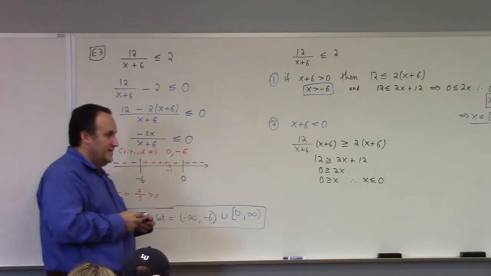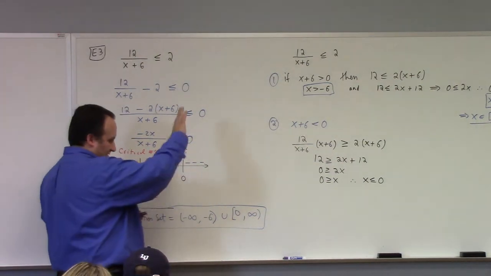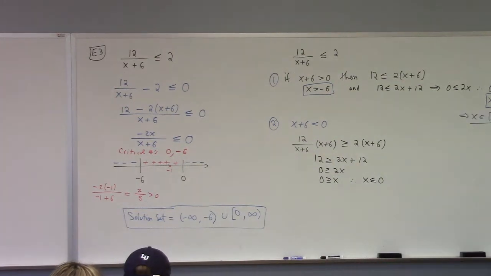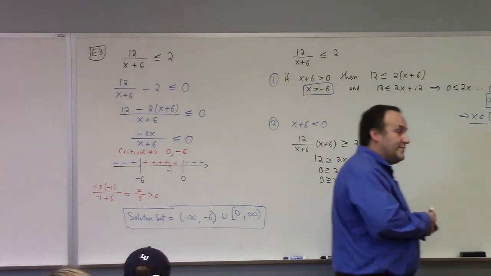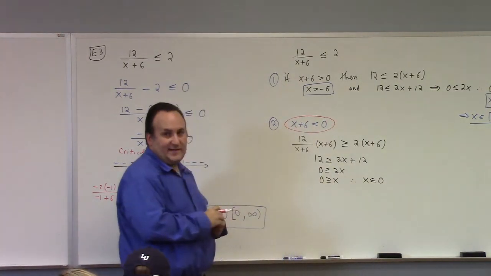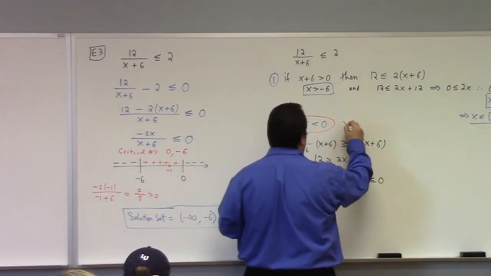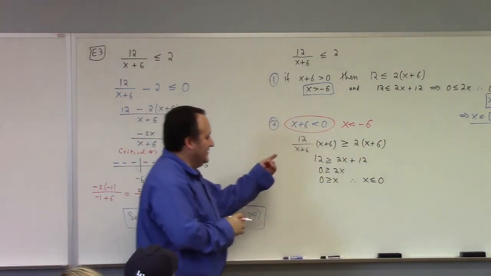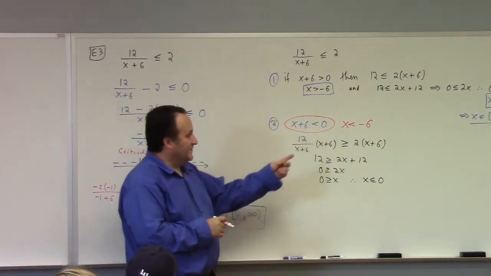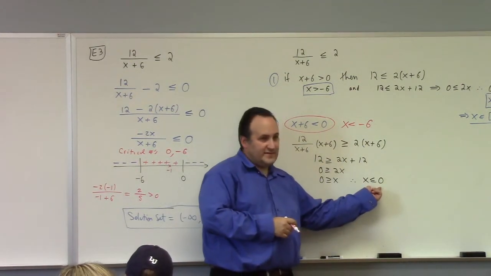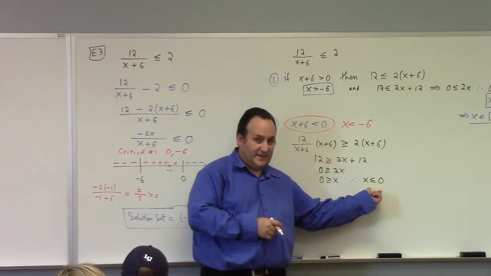But this calculation in black is all done under the presupposition that we're in case number 2. What's case number 2 say? It says this right here, right? What does that say? That says x is less than minus 6, right? So you're only permitted to do these calculations if you're under this assumption, which means while you have the appearance of x less than or equal to 0 as the solution here, it's not actually the case, right?